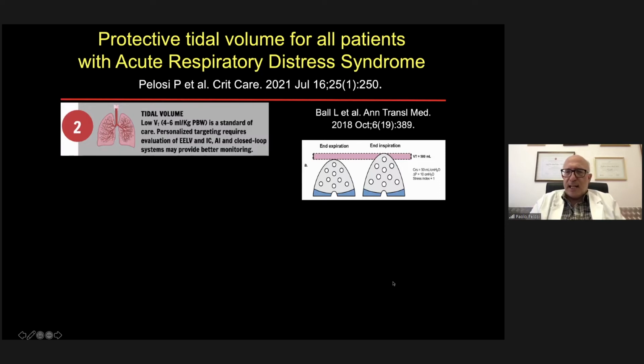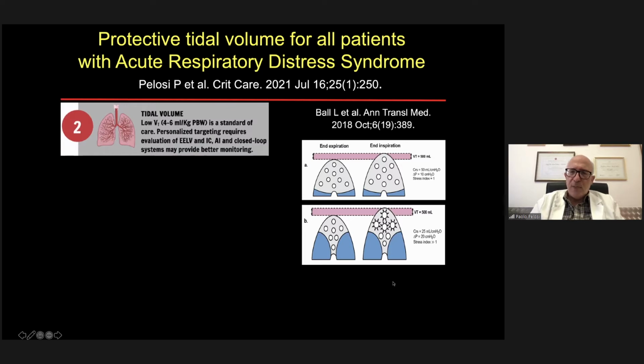This is a typical example of a lung with a certain amount of compliance, ventilated with a fixed tidal volume and associated with a relative driving pressure. If the amount of aeration is reduced and we apply the same tidal volume, you can see here that the driving pressure markedly increases. So there is a clear influence of the amount of aeration on the tidal volume delivered.